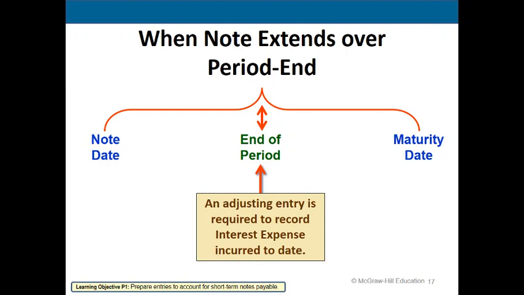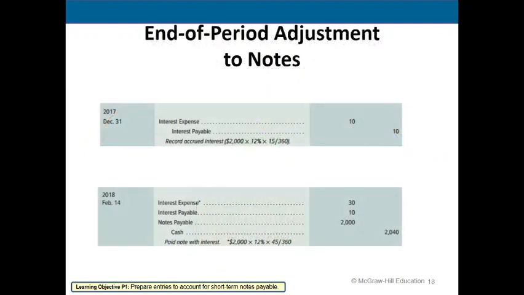The problem comes when you come up to the end of the period and you haven't paid the note off. What you have to do is accrue an interest expense for the unpaid interest for the year. And so you have to make an adjusting entry at the end of the year.